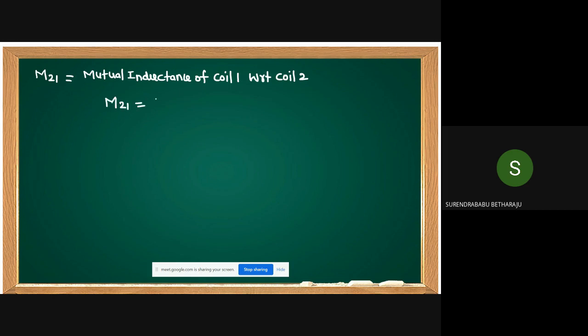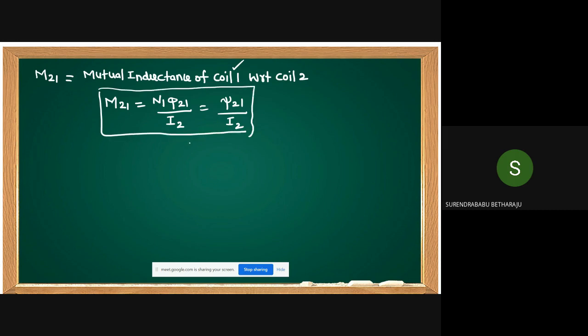Mutual inductance of coil 1 means you take the N1 number of turns, then pi 1 by, which coil is carrying the current? Coil 2, that is by I2. This is also equal to psi 1 by I2. This is the mutual inductance of coil 1 with respect to coil 2.